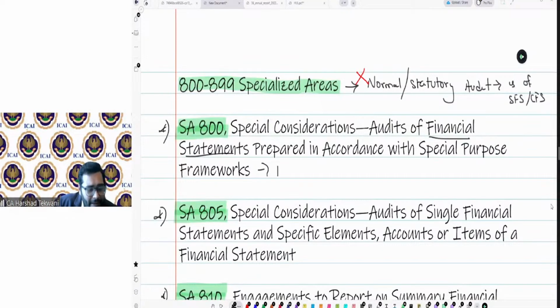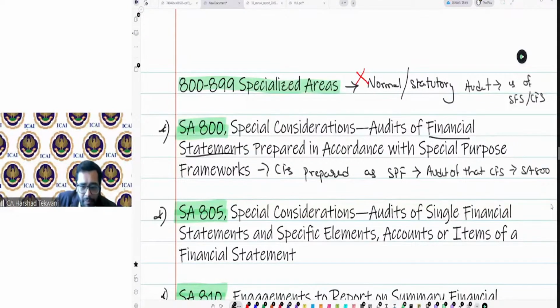So if you have CFS prepared as per special purpose framework, then yes, the audit of that CFS will be as per SA 800. CFS prepared as per the special purpose framework, not the normal way. Means Schedule 3 might not be applicable, Ind AS might not be applicable, in a different way it is prepared.